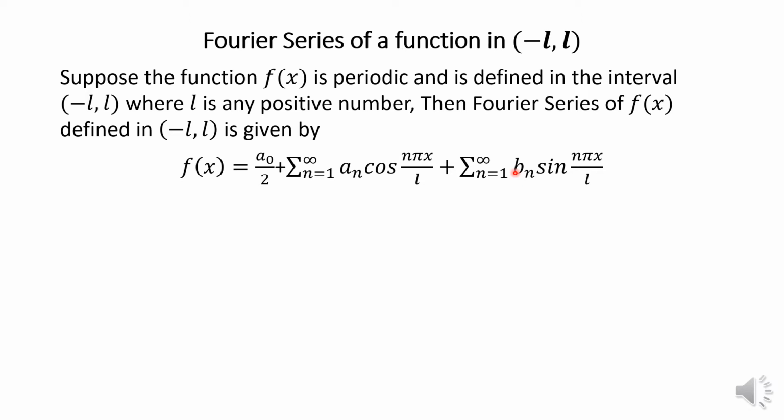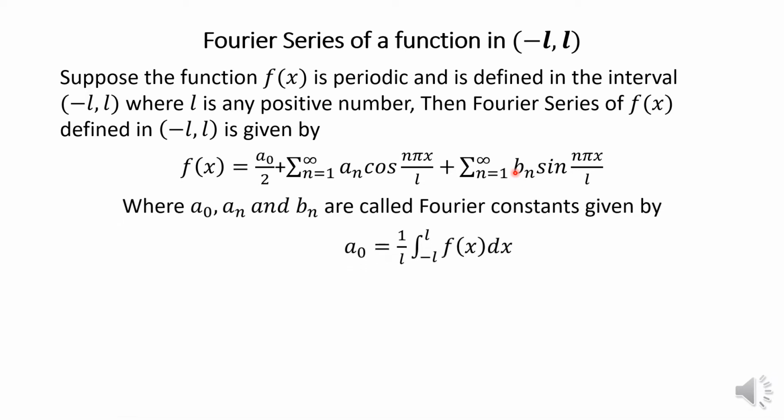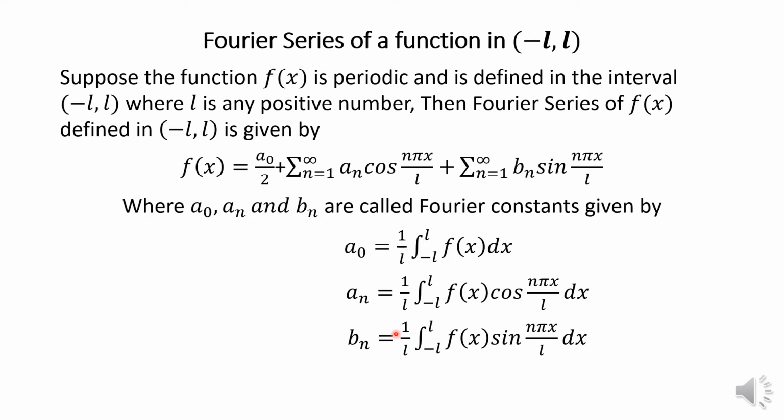Now let us see what are the formulas for these Fourier constants. The formula for a naught is given by 1 by L times integral minus L to plus L f of x dx, and a n is given by 1 by L times integral minus L to plus L f of x into cos n pi x by L dx, and b n is given by 1 by L times integral minus L to plus L f of x sin n pi x by L into dx.